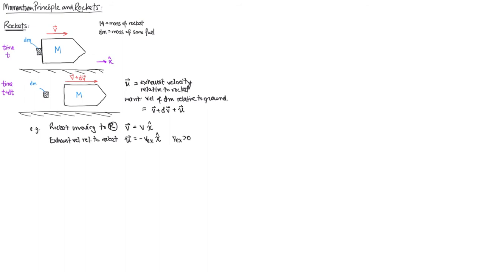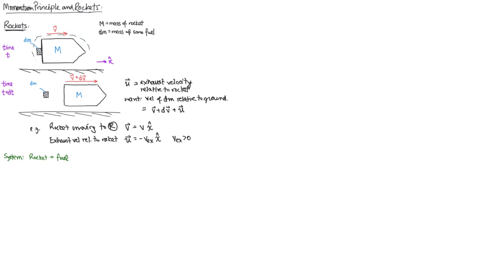Okay. So now we can start thinking about the initial and final momentum, but before we do that, we have to make sure we define our system. Our system is equal to the rocket plus the fuel, and specifically, we can draw that in green.